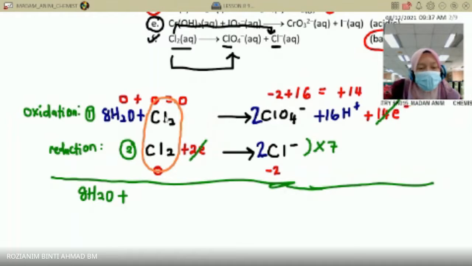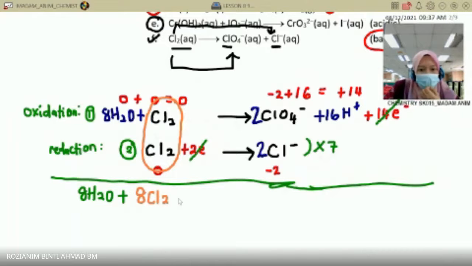So disebabkan dia berada pada same side, kita tak boleh tolak. Kalau macam elektron ni kita tolak sebab dia berada different side. So dia berada the same side, we just add up. The first equation consists of 1 mole, second equation 1 times 7. So maksudnya second equation 7, 7 plus 1. So mean chlorine will become 8 chlorine atom. This careless is always occur for the student.